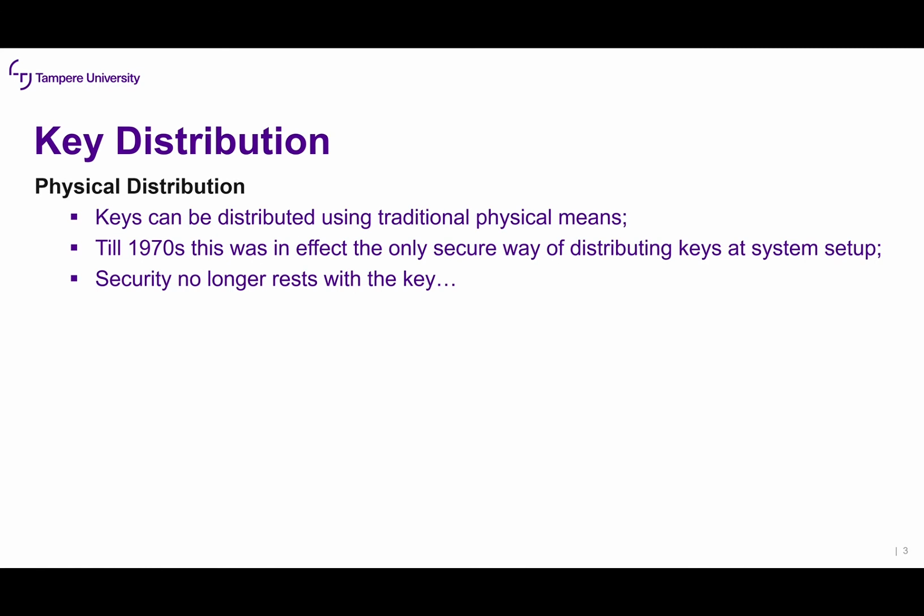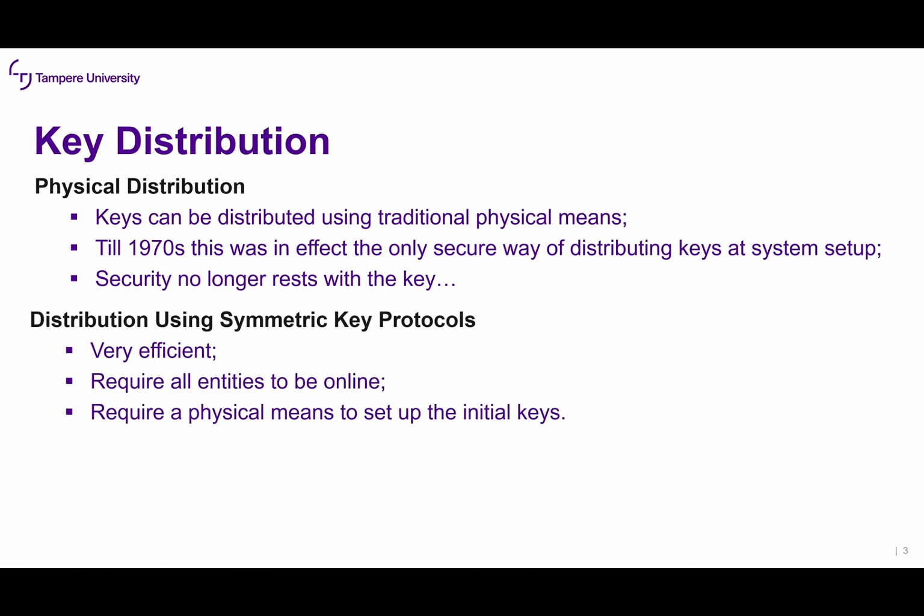Good. Now, apart from the physical distribution, we've got the distribution using symmetric key protocols, where we have, okay, two users, let's say, and a trusted central authority, and we can use this trusted authority to help generate keys for any pair of users as the need arises, right?